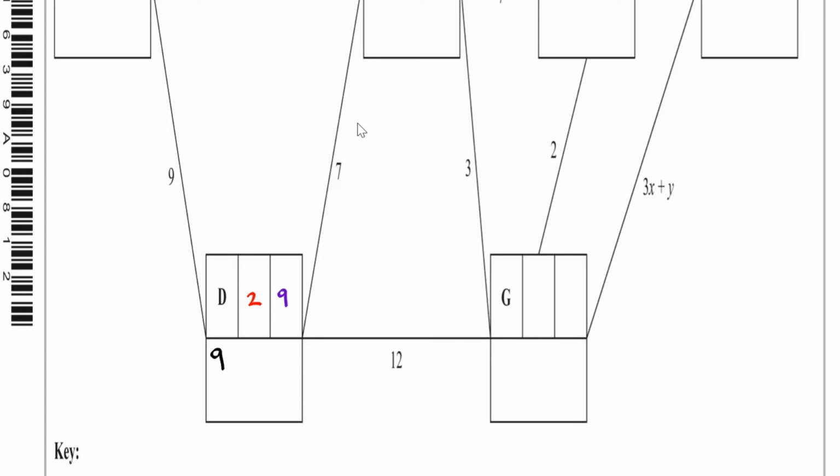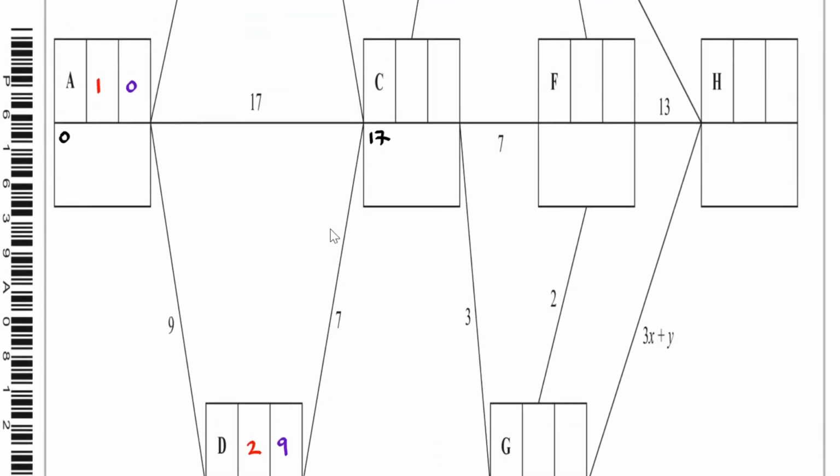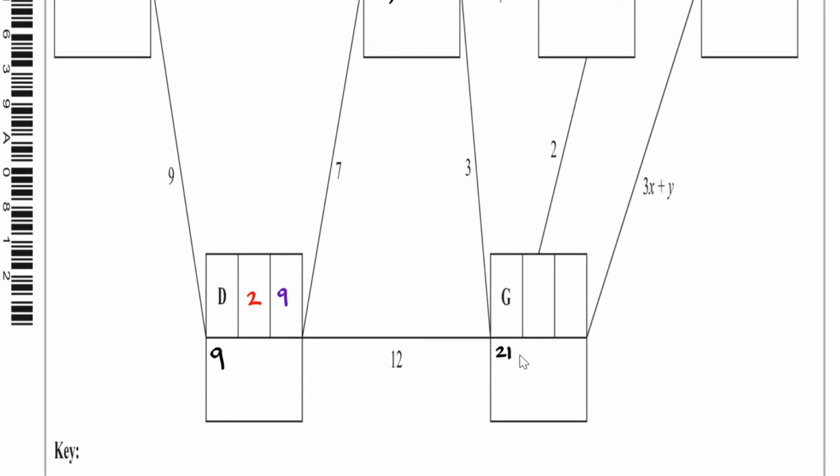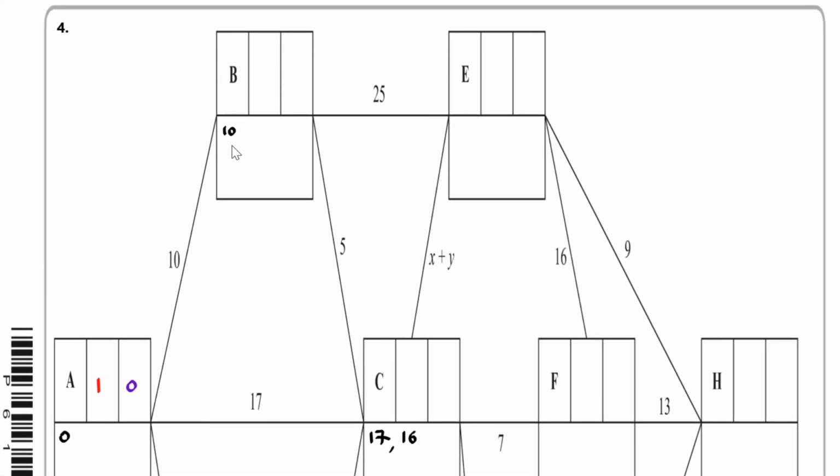Now 9 plus 12, that's 21. 9 plus 7, that's 16. Out of the 10, the 16 and the 21, the 10 is the smallest, so we carry that 10 into here, and then here we have number 3.